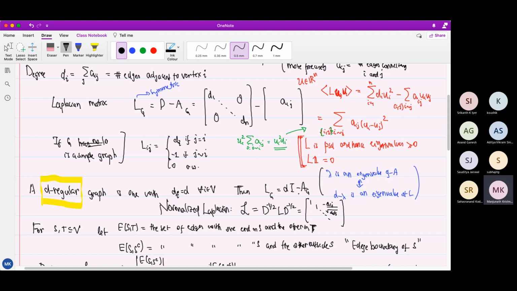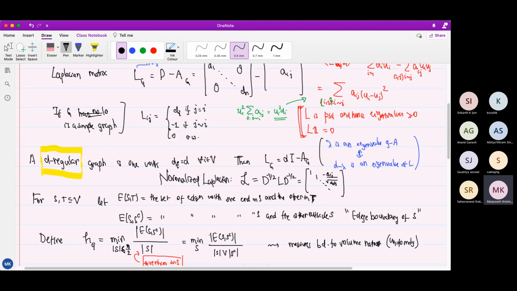It's also a symmetric matrix. This is called the normalized Laplacian. As long as I restrict to d-regular graphs, this also becomes simple. Script L is 1 over d times L.